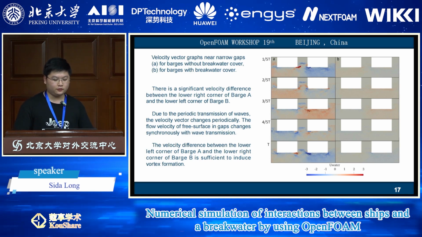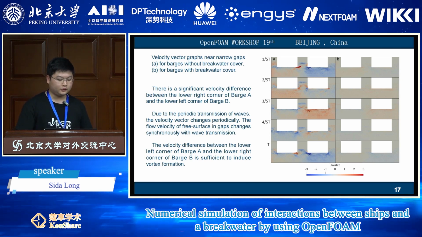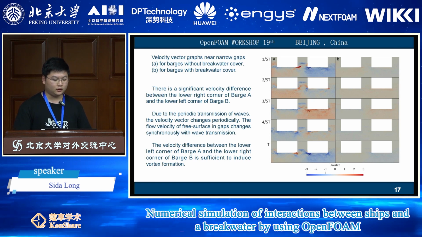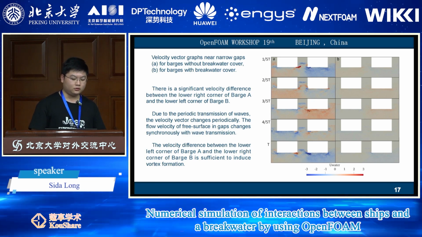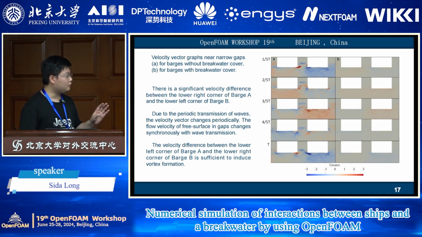The velocity difference between the lower left corner of part A and the lower right corner of part B is sufficient to induce vortex formation.